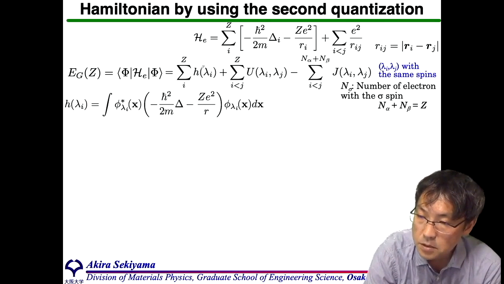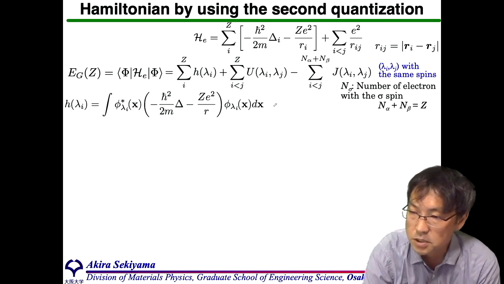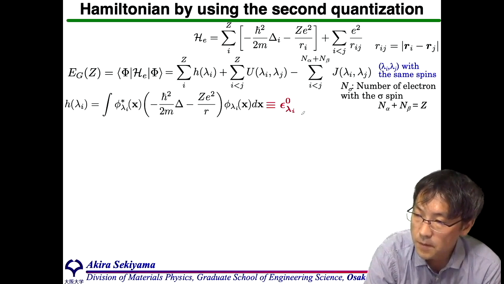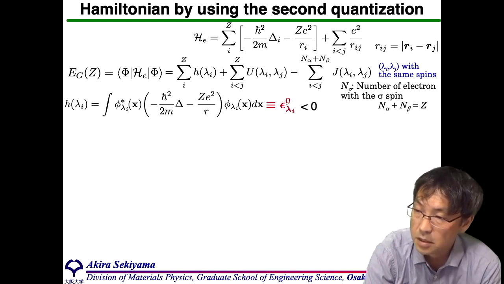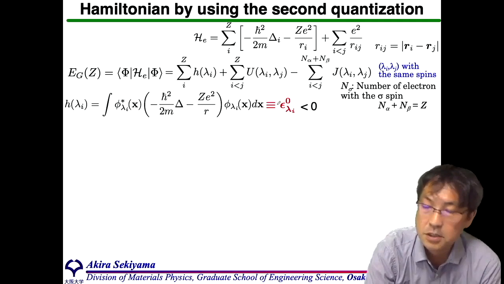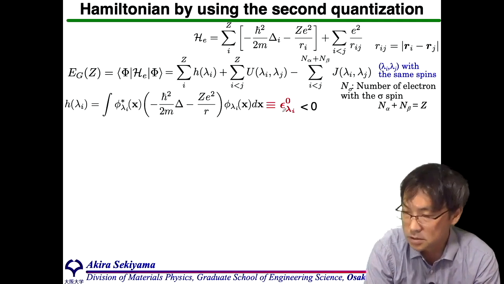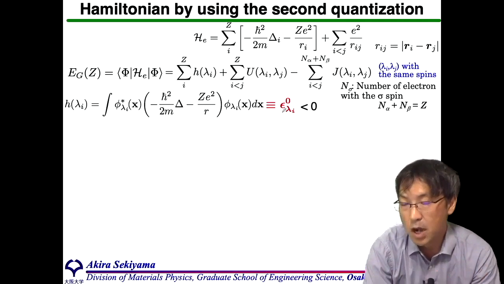This first term stands for the one-electron energy, and we can define it as epsilon lambda i 0. That 0 means bare electron energy. It should be noted that this energy is less than 0 because the electron is bound to the nucleus.